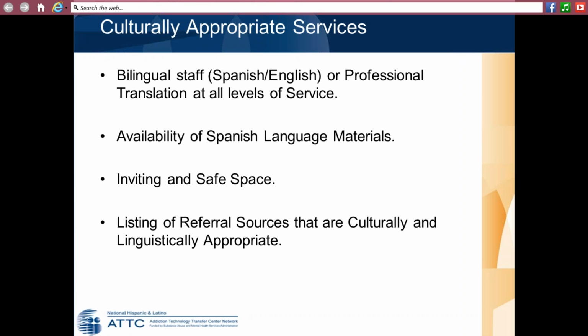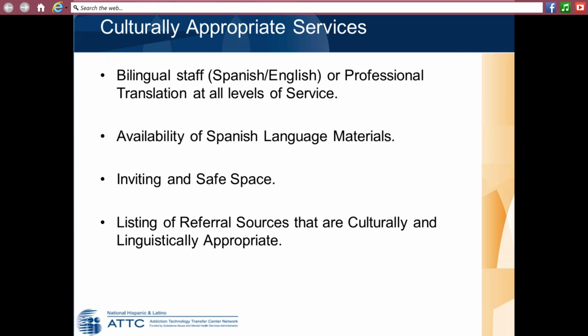So when making referrals, make sure that you're making it for a place that's going to be responsive to their needs, and that they have translation at all levels of services, and that they're not parentifying children, using them as translators, that sort of thing, as well as calling people in from the hallway, janitorial staff, and saying, well, you speak Spanish, you can translate for people here.